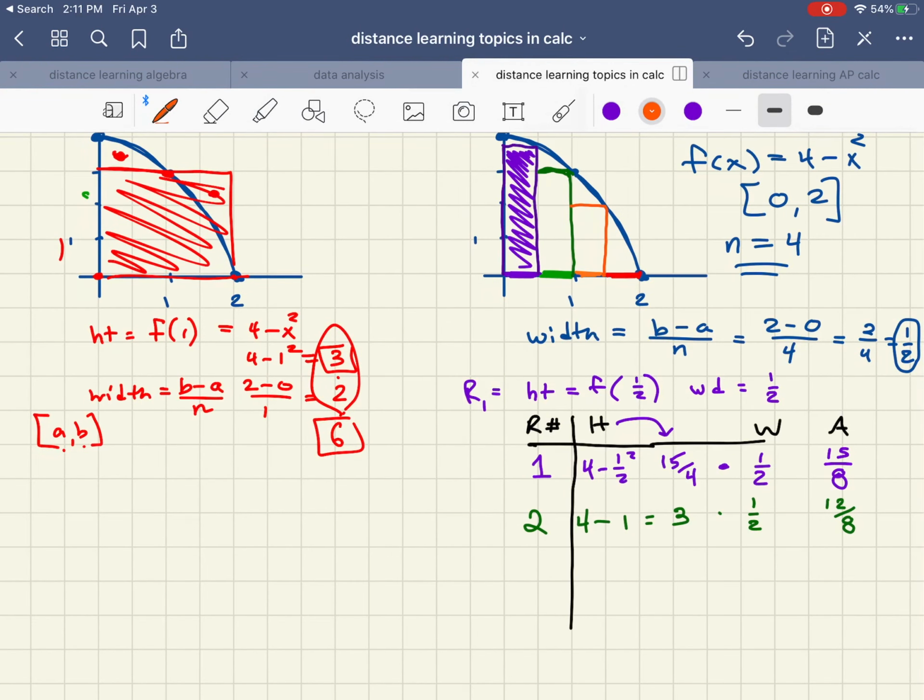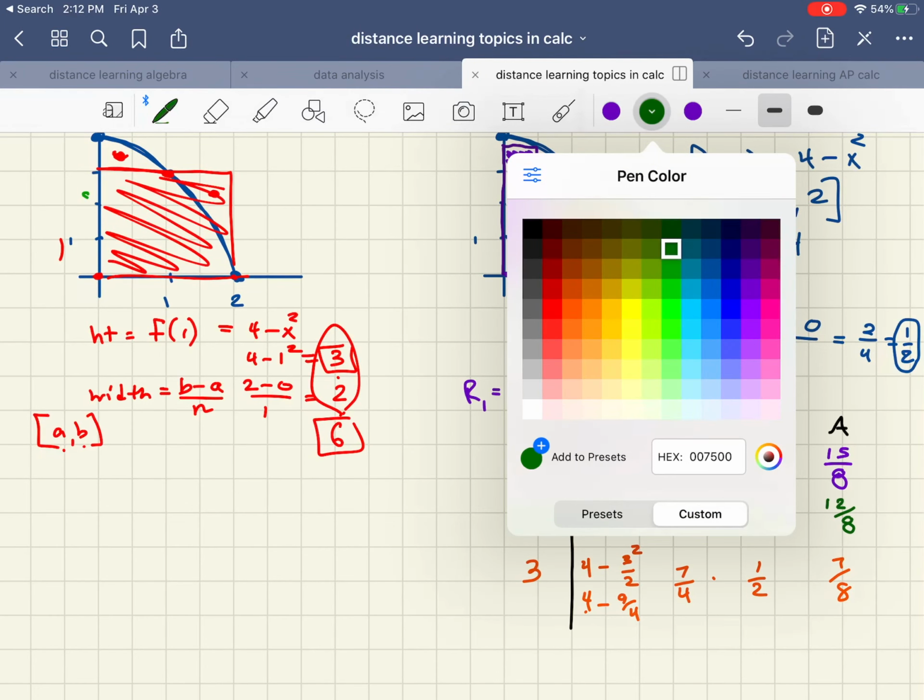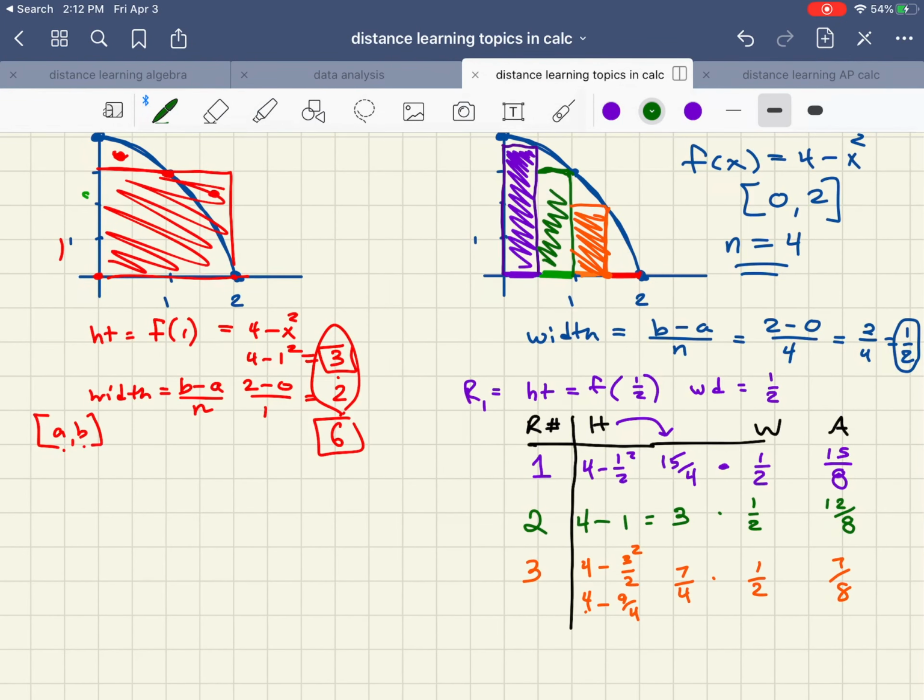I think we have orange next. So the orange height happens at 1.5. Okay, this is just the number of the rectangles here, not anything other than that. So 4 minus 3/2 squared, that's 4 minus 9/4, 16/4 minus 9/4 is 7/4 times 1/2 is 7/8. Okay, that is 7/8. I didn't color in the green one.